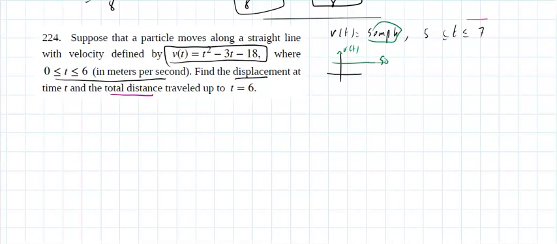If I chop it off between 5 and 7, well, this is 2 hours, and this is 50 miles per hour. The area that it covers is length times width. That's 50 miles per hour times 2 hours, and of course, that's 100 miles.